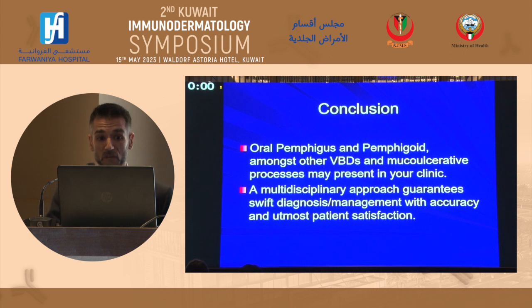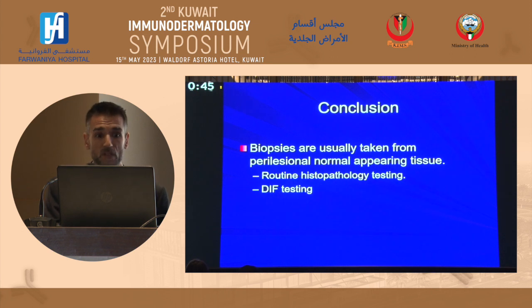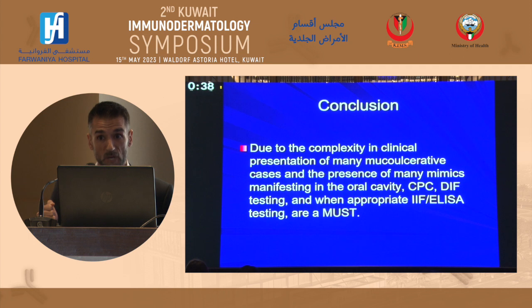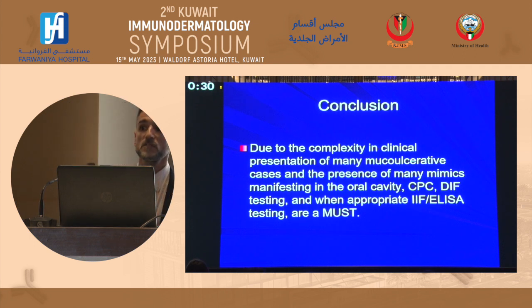Biopsies are usually taken from perilesional normal appearing tissue for routine histopathology and direct immunofluorescence, but keep in mind, due to the complexity of a lot of these diseases and also the mimics that we deal with, clinico-pathologic correlation is gold. Direct immunofluorescence testing is a must, and at times, sending the patient for indirect immunofluorescence and ELISA testing can be helpful. Thank you guys very much.